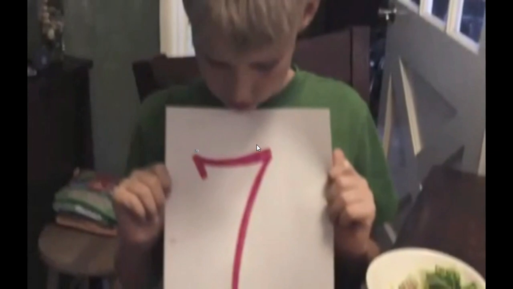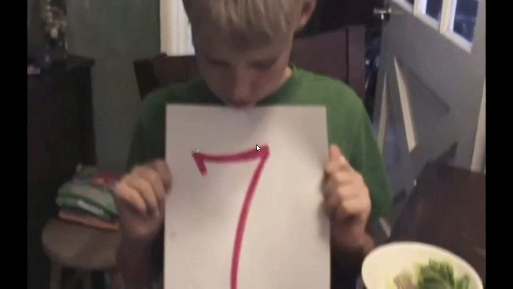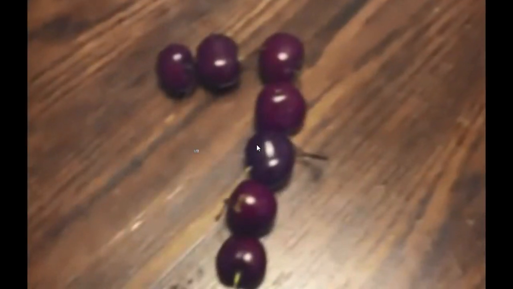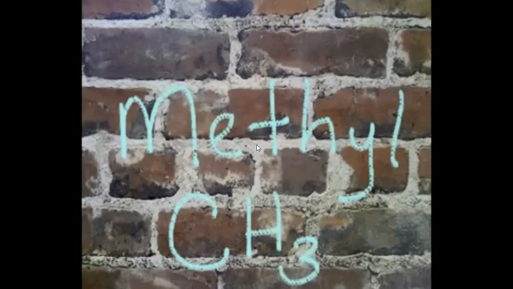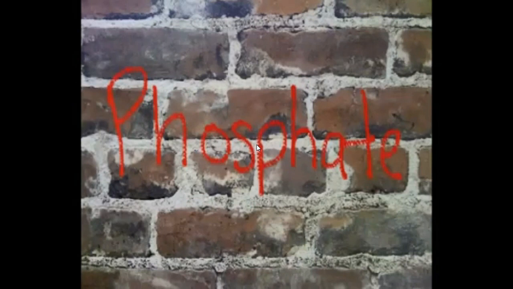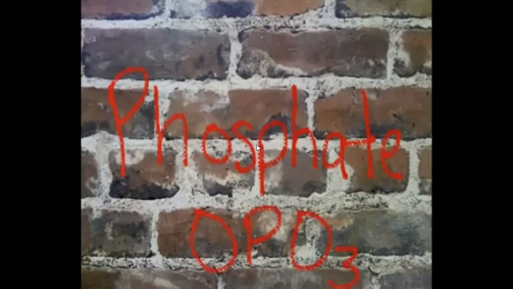There are 7 functional groups. Hydroxyl, OH, carboxyl, COOH, amino, NH2, sulfhydryl, SH, carbonyl, CO, methyl, CH3, and phosphates, OPO3.